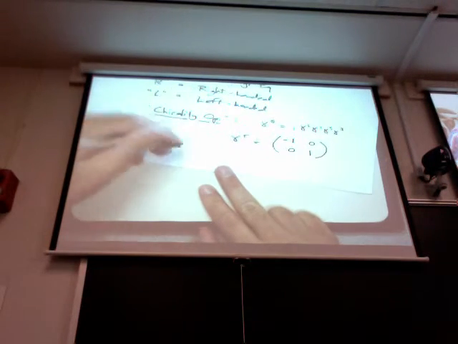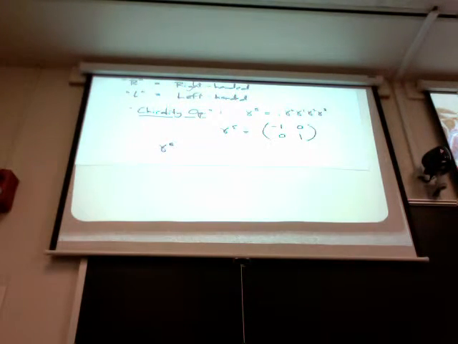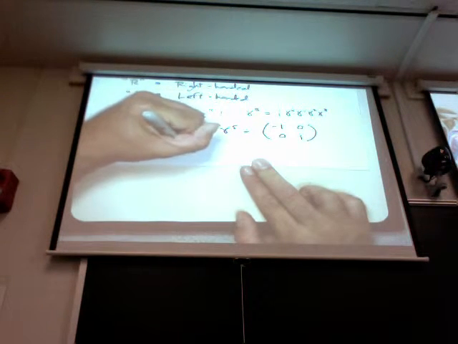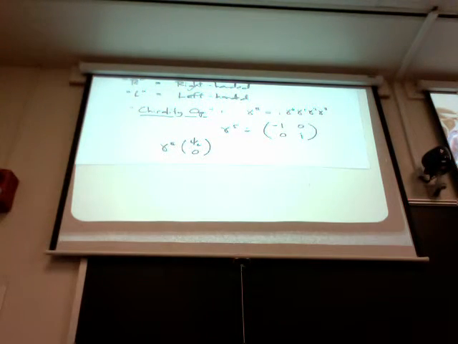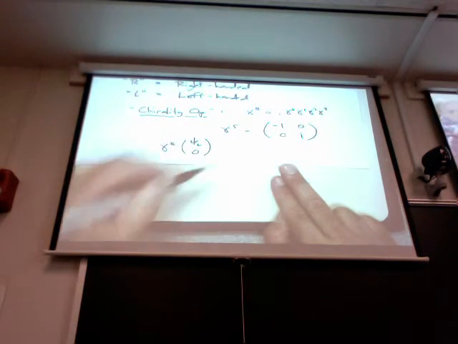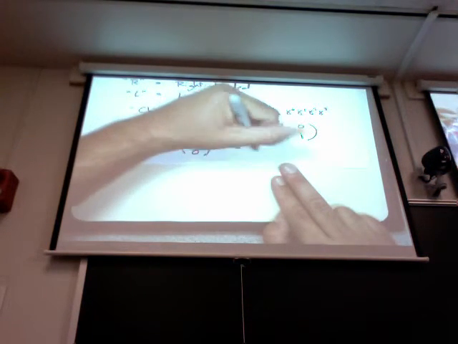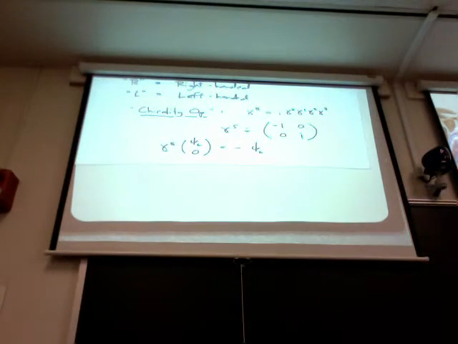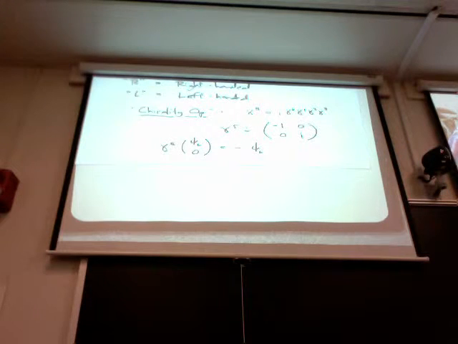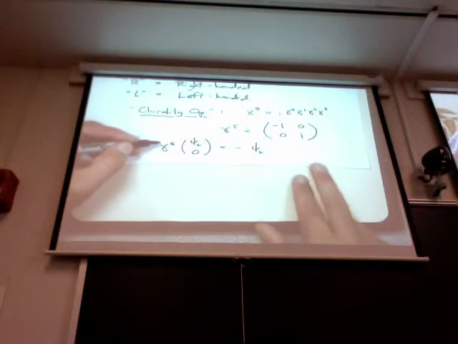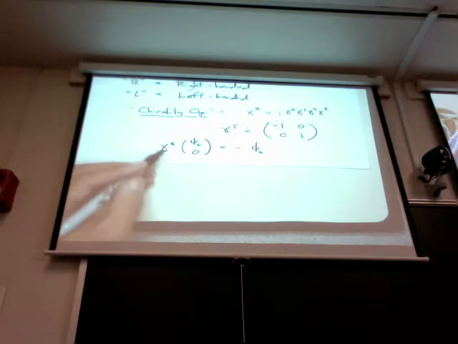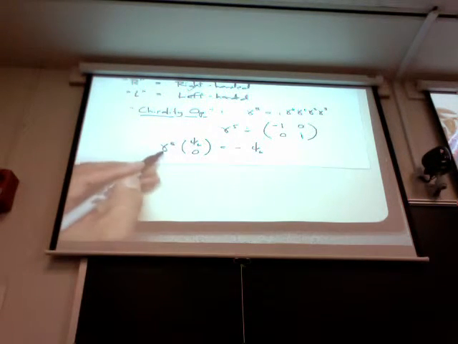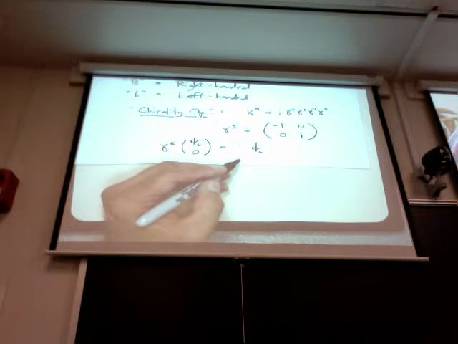If I operate on a purely left-handed state, where you would have psi L and then a 0 for the right component, I plug this in, and I get minus psi L. So that tells me that psi L is an eigenstate of the chirality operator, and its eigenvalue is minus 1.